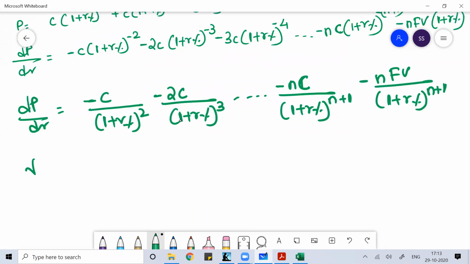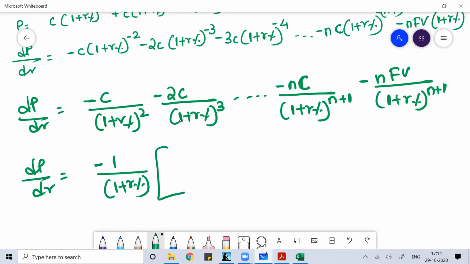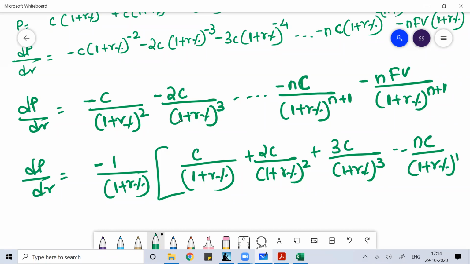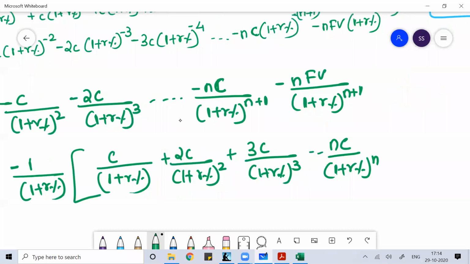So now if I take minus 1 over (1 plus R percent) common, I get dP by dR equal to C by (1 plus R percent), plus 2C by (1 plus R percent) squared, plus 3C by (1 plus R percent) to the power 3, similarly n C over (1 plus R percent) to the power n, plus n F over (1 plus R percent) to the power n. So you'll get this as a relation.